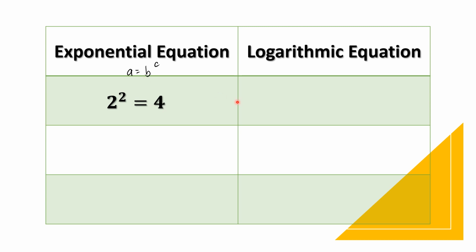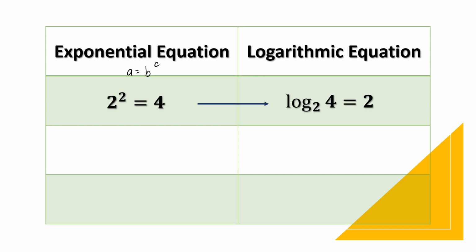Now, in logarithmic equation, its equivalent is read as log of 4 with base 2 is equal to 2. Let's compare the parts of the logarithmic equation to the exponential equation.